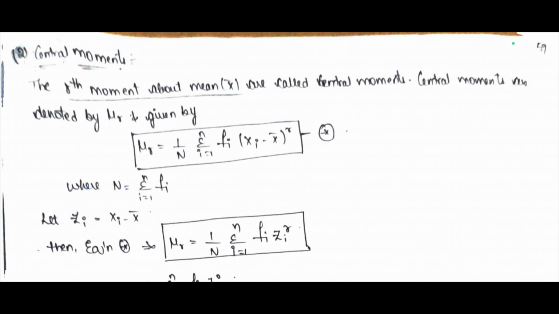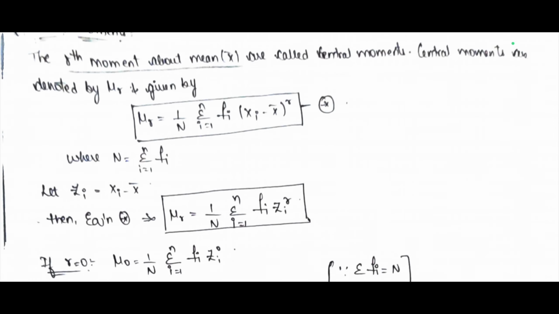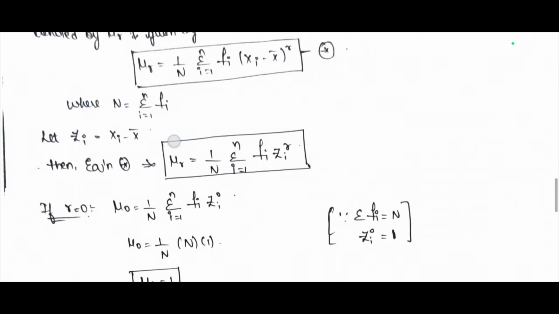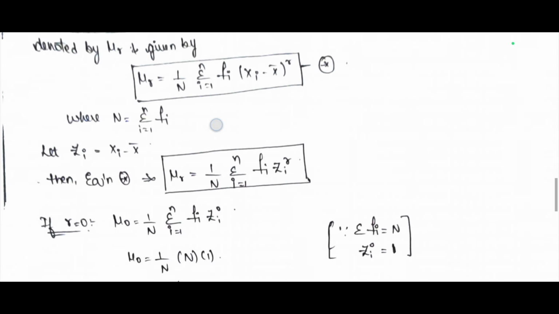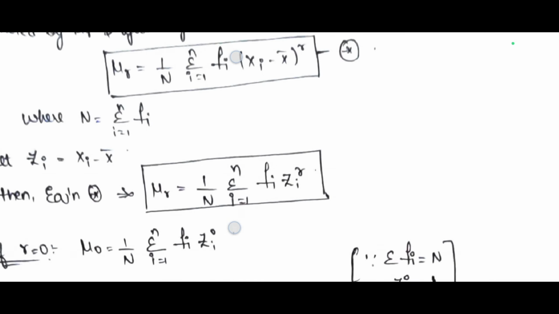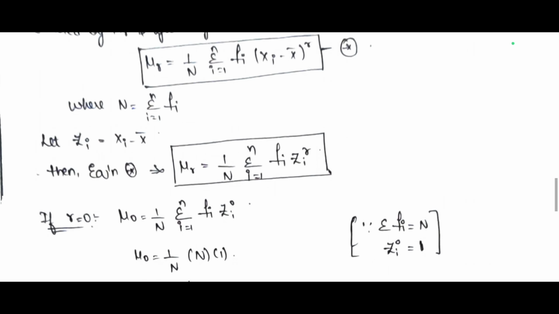Here capital N is again the total frequency. Let zi equal xi minus x bar, then equation star becomes mu r equals 1 divided by capital N summation i runs from 1 to n fi into zi to the power of r. Here we are substituting that in star.